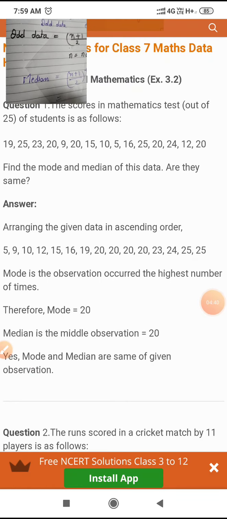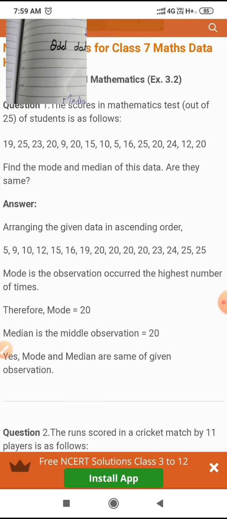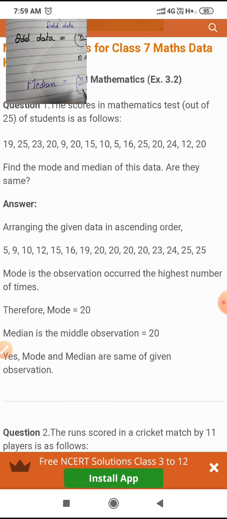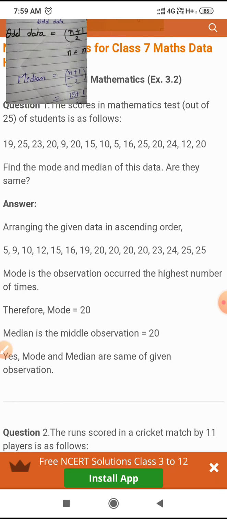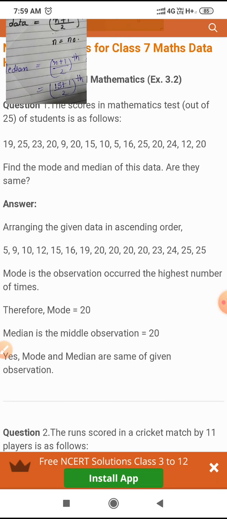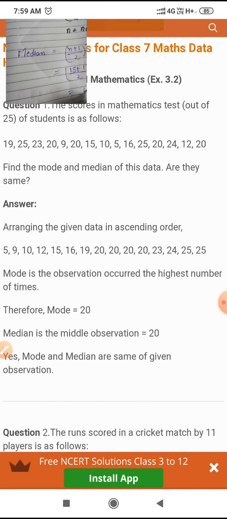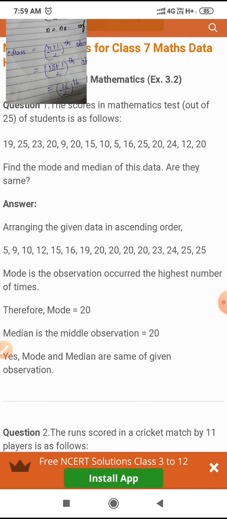N is equal to 15, because here are the scores of 15 students. So in place of n, we put 15, and (15 plus 1) divided by 2 observation. So 15 plus 1 is 16, 16 by 2 observation.